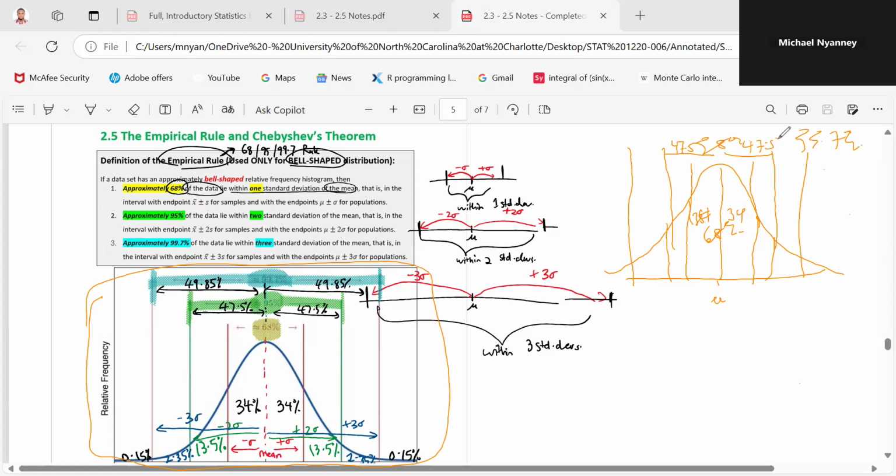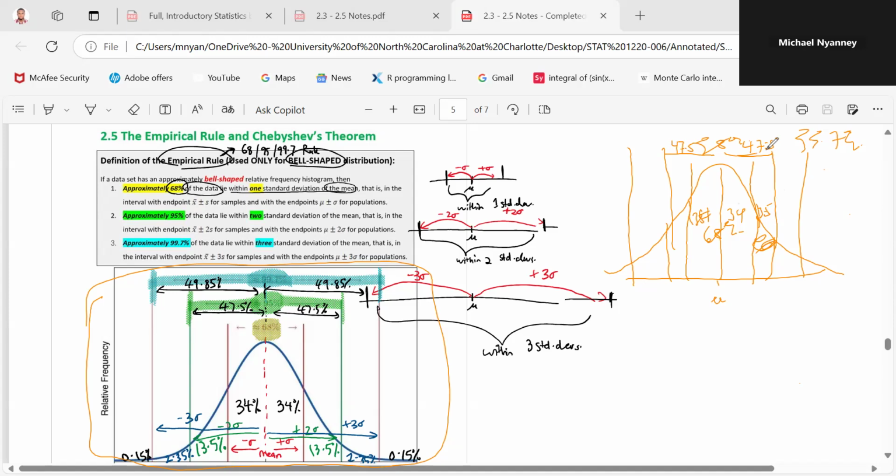But remember that we added some percentage to the 34 to get to 47.5. This interval was added to get to it. So you need to get 13.5% of it.